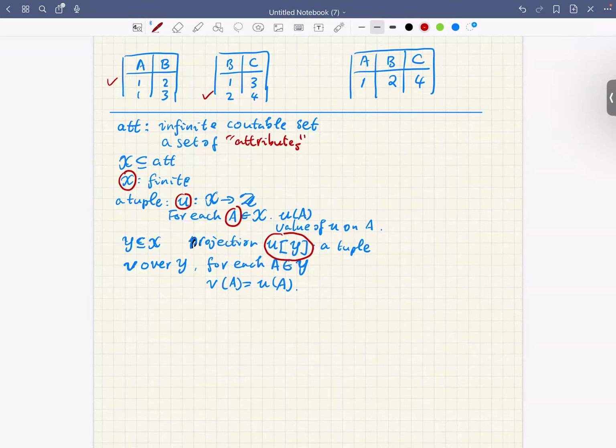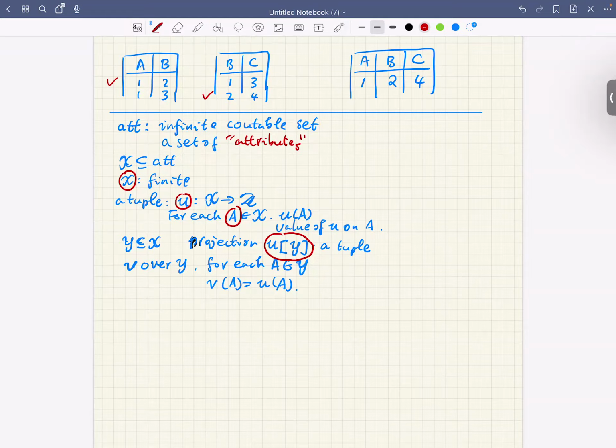Oftentimes I hear, well, it's called relational databases because you have tables, and among tables you have relations. Wrong. Relation is actually a concept from discrete mathematics.